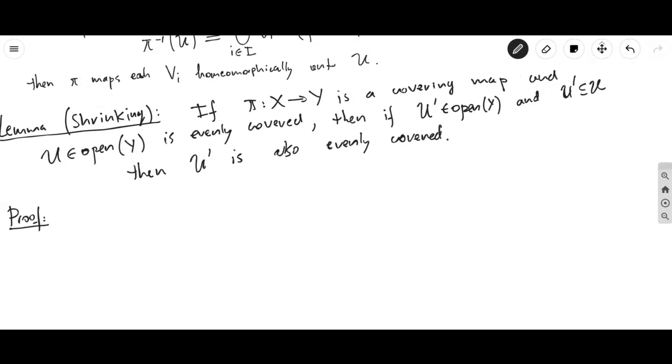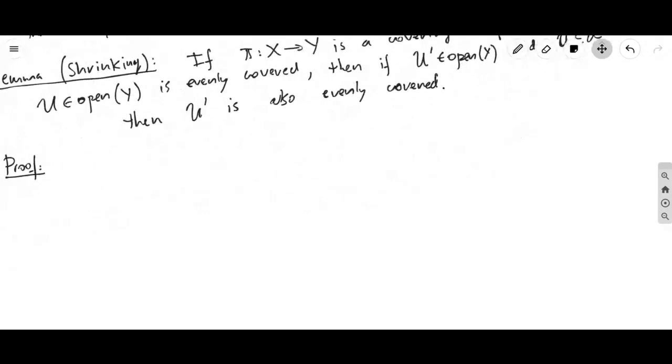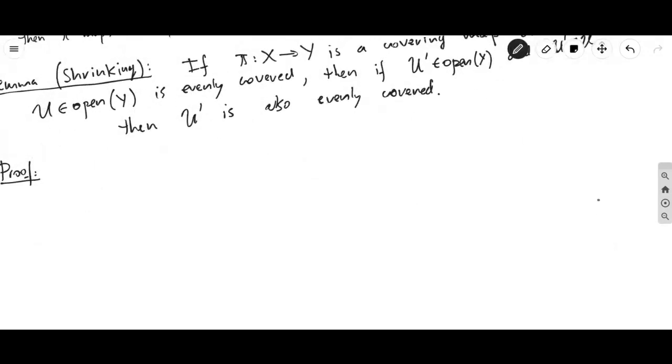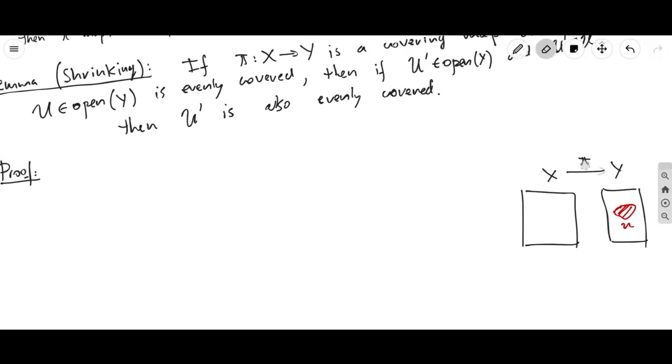Well, we can maybe even draw a picture. Hopefully a picture will help. So let's see, maybe we draw a picture down here. So the idea here is, let's say this is X, this is Y, and you have some U over here. And because this is a covering map, so I have some map over here, pi, when you pull back U, you get pieces over here.